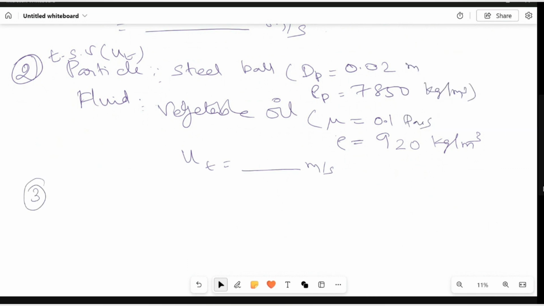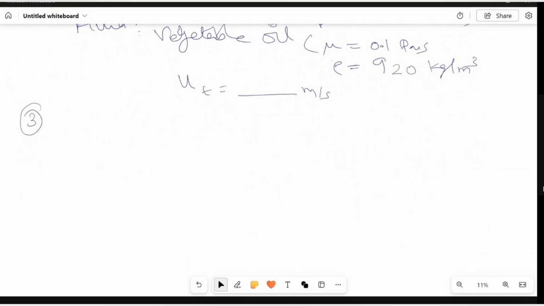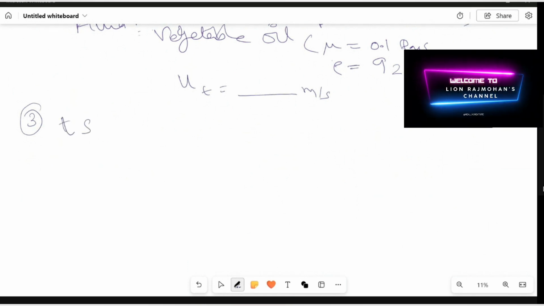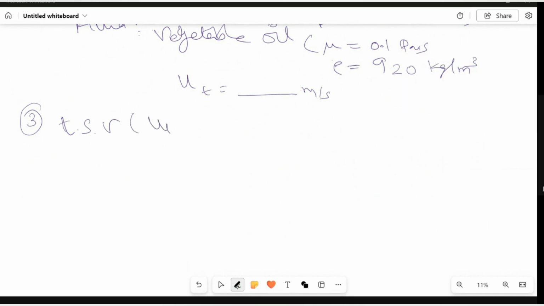It's another numerical. Again, we are calculating terminal settling velocity, that is UT.